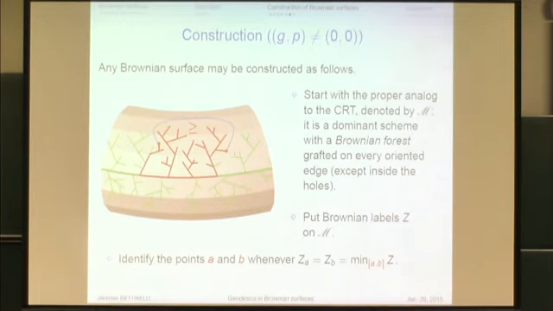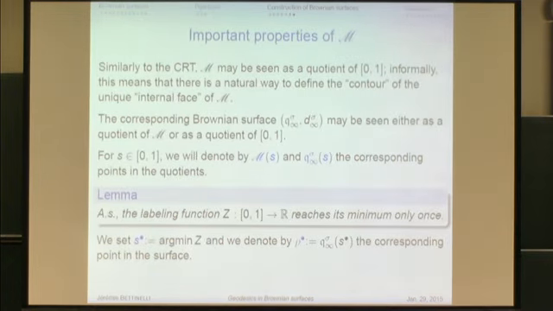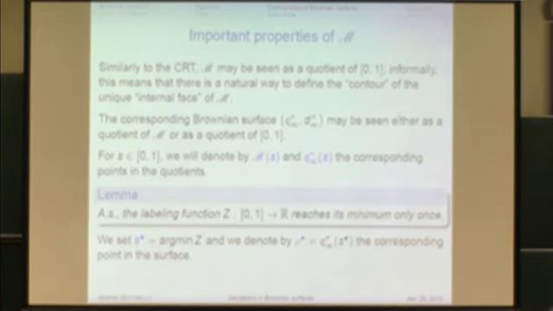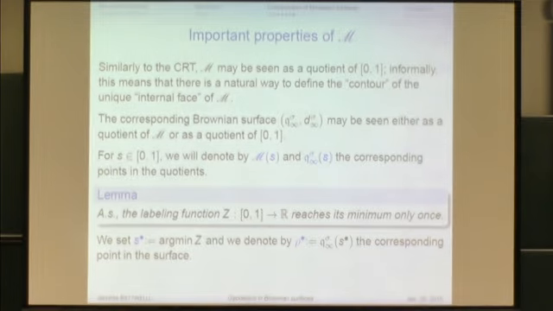So, right. Let me just state a couple of important properties of this structure M. What I denote by M here is this continuous structure, the scheme with the Brownian forest.